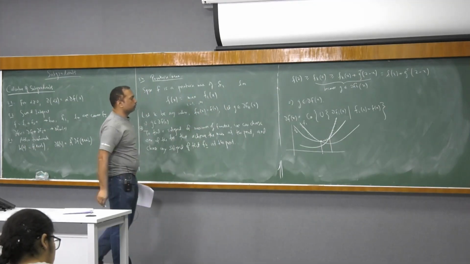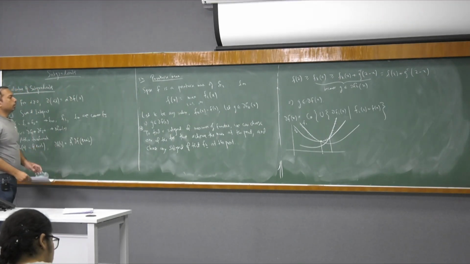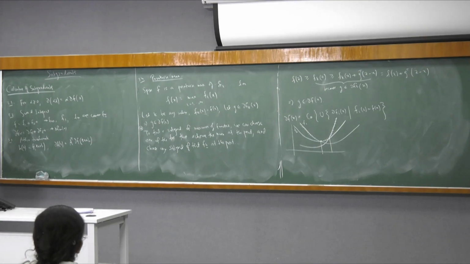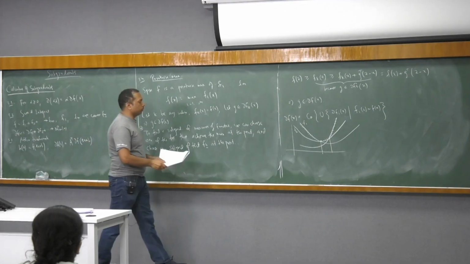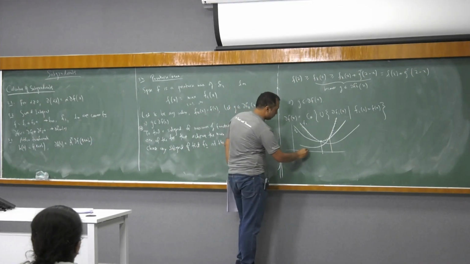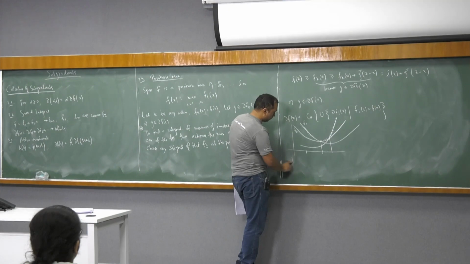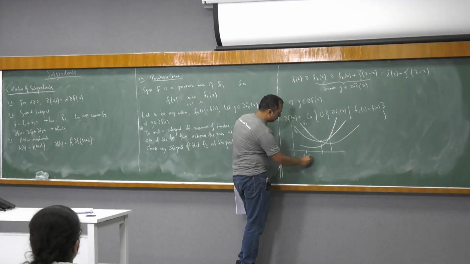And we are supposed to find the subdifferential at any given point. Okay, so let us see some arbitrary point where there is no non-smoothness. So let us say this point, right? At this point f is f1.